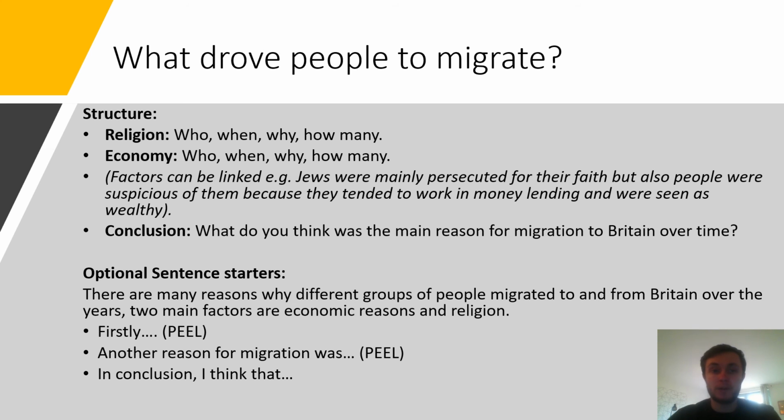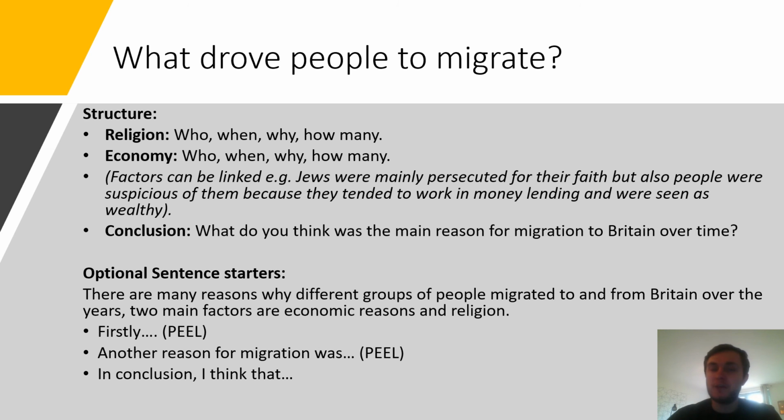So the second half of our demonstrate task, what drove people to migrate? You're going to write around 3 paragraphs for this, and they don't need to be particularly long. But what I'd like you to do is write 1 paragraph about how religion played a role in people moving to England. Then another paragraph about how the economy, so money, drove people to move to England.